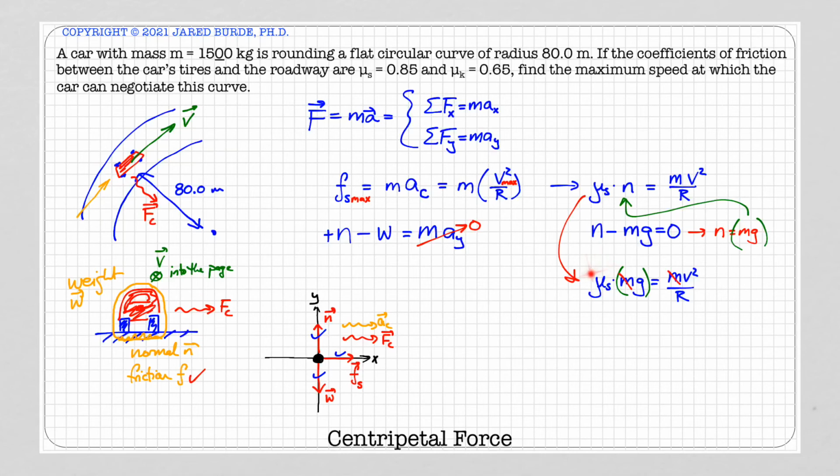We know everything else. We have the coefficient of friction. Again, we want to use the static friction because the car tires are static relative to the road. They're not sliding.